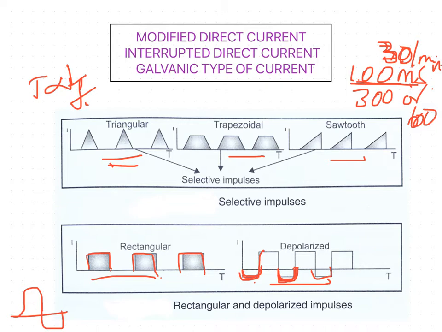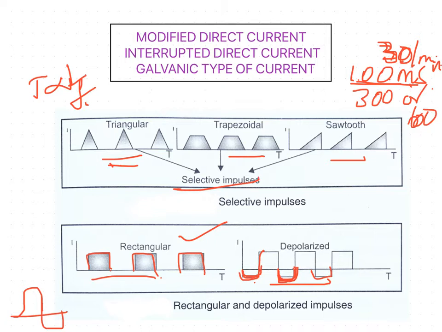If you see the selection of type of impulse, if a good muscle contraction is obtained with the rectangular impulse, this may be used, but the selective impulses often prove more satisfactory.